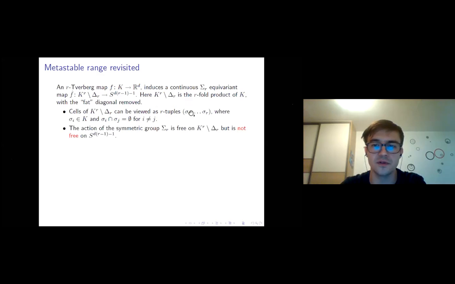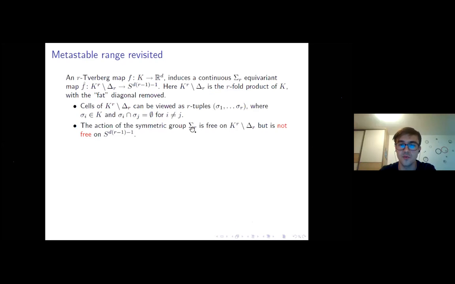These are r-tuples of simplices of k, such that they are pairwise disjoint. And there's an action of my symmetry group on this. It's actually free on the first part, but it's not free on the sphere. And this is where we need to use our theorem and can't use just the Zhechev-Vokrinek result.